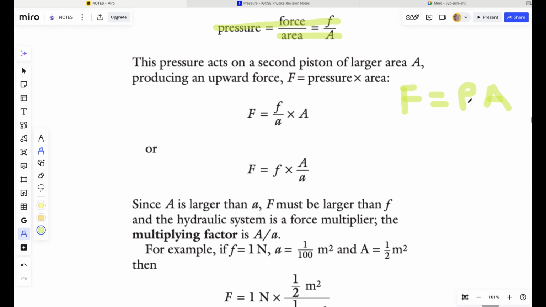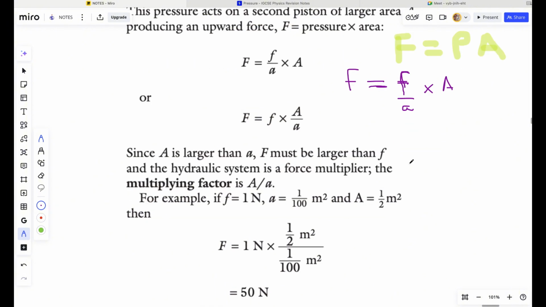So if that is true, we know the formula for pressure, and we can replace it. Instead of writing pressure, I can write force over area. Maybe to differentiate the two F's, make this one a small f. So small f over small a, in place of pressure, then times the big area. I use big A to differentiate the other one.